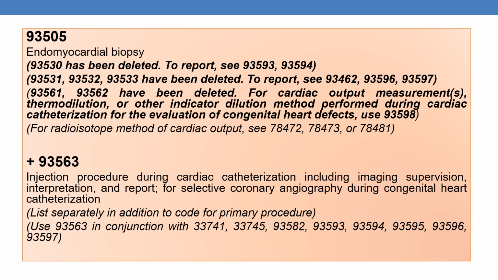Here are the set of deleted codes: 93530, 93531, 93532, 93533, 93561, 93562. We have discussed this in the earlier session. In the beginning of the session, we discussed what codes are deleted, and in order to report them, you need to see the following codes.